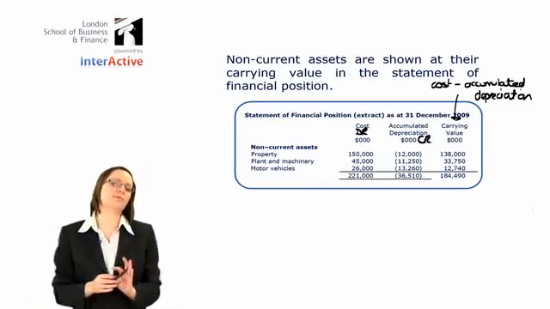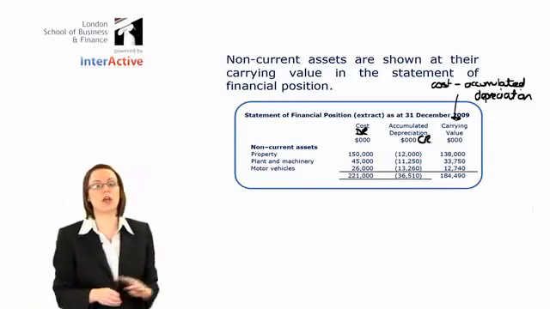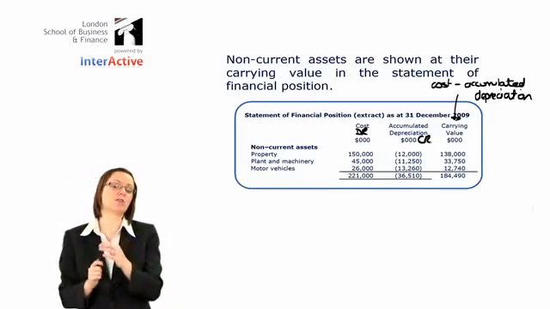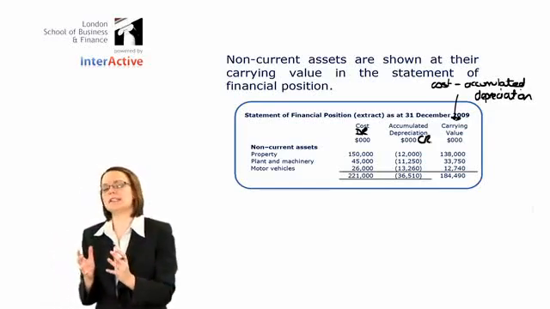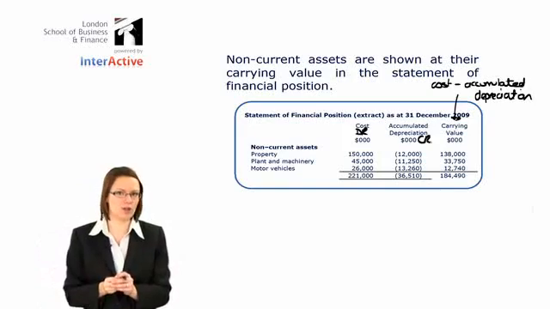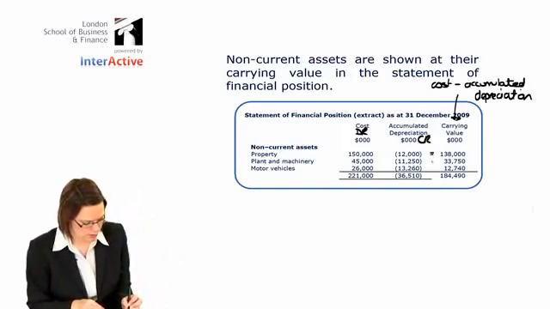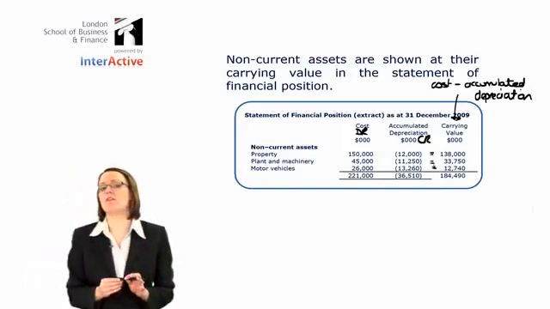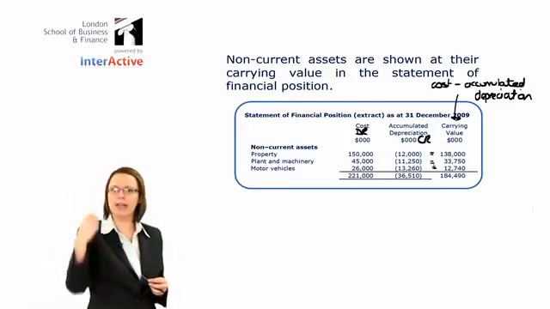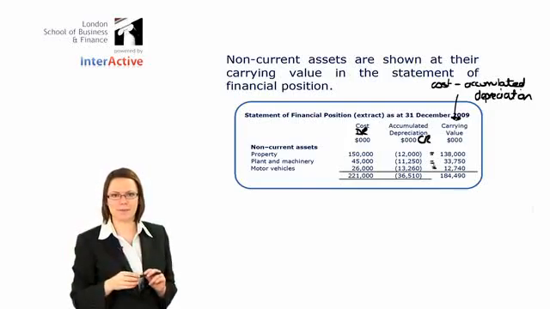So property, plant and machinery and motor vehicles will have their own separate accumulated depreciation ledger account, and those credit balances would be netted off against the debit of the non-current asset cost to then equal the asset book value, the value that we want to see in our SFP at the year end.